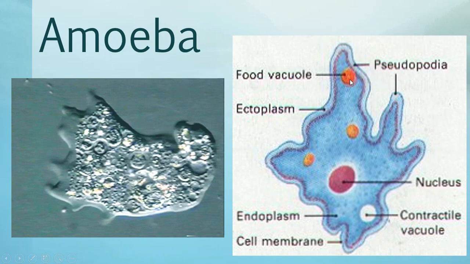And they've just engulfed something right here, and they're going to digest it. And of course, it's a cell, so it has a nucleus, and the endoplasm is the cytoplasm. And there would be other cellular machinery in there, like our endoplasmic reticulum and mitochondria and things like that. It's just not showing it in this picture.